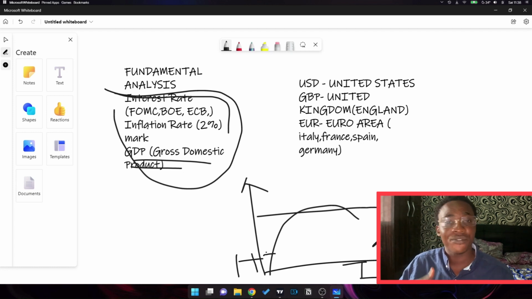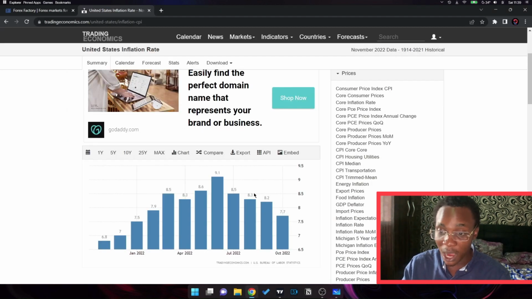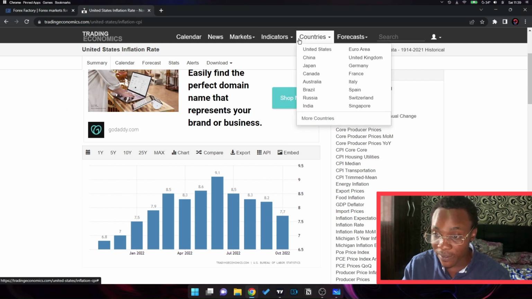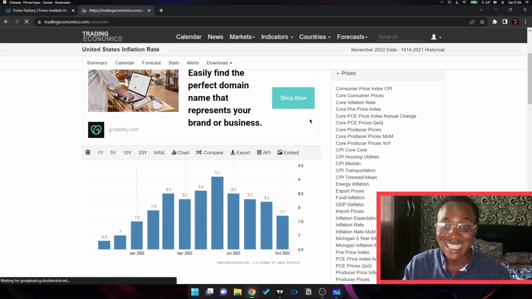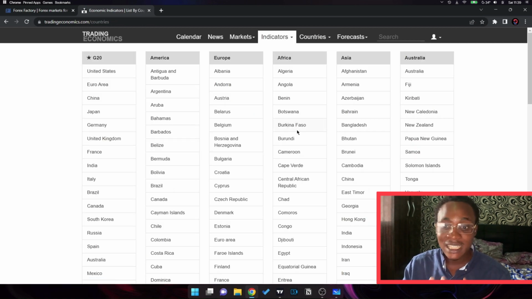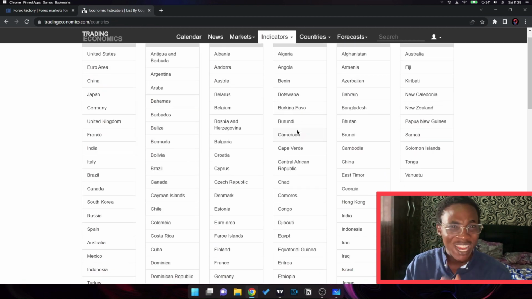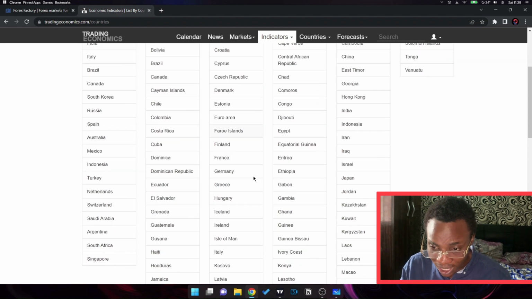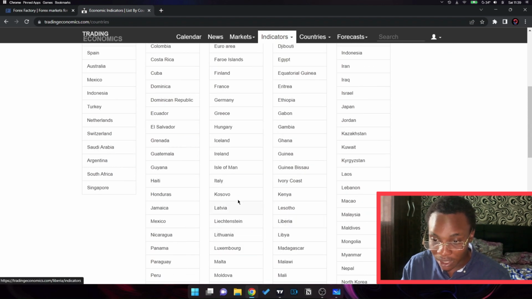But if you have an interest rate of 14 point something, like I'm from Nigeria, where our economy is very bad, and if you go back and check our interest rate, you can see that our interest rate in Nigeria right now is very, very high. That increases borrowing cost, and it affects our economy drastically.